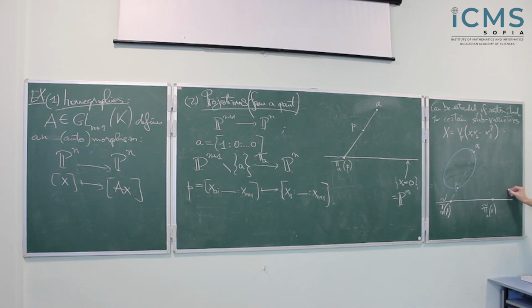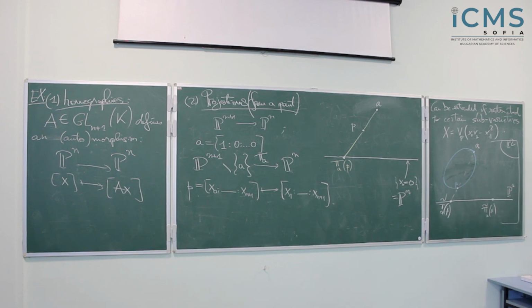So this will be P1, because this whole image is inside P2, and the points at infinity will be P1. You can look at what is going on in the picture.